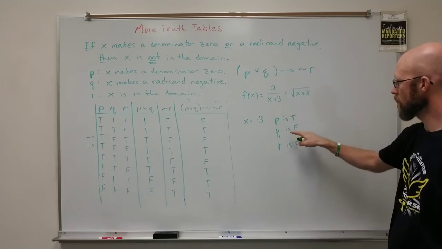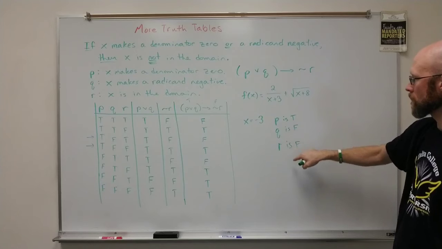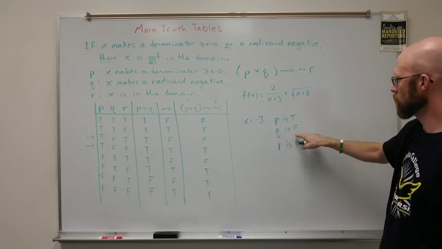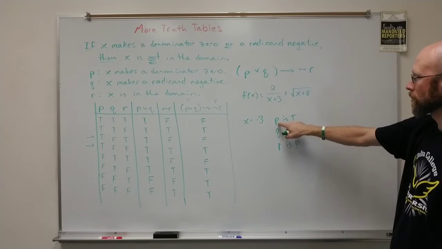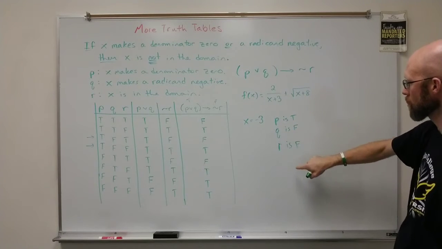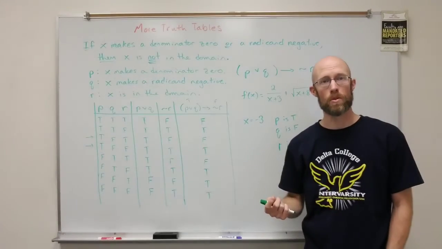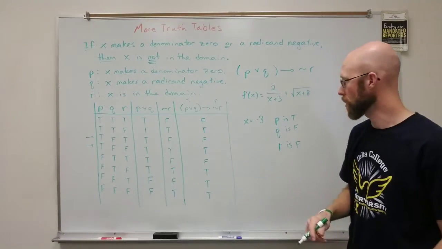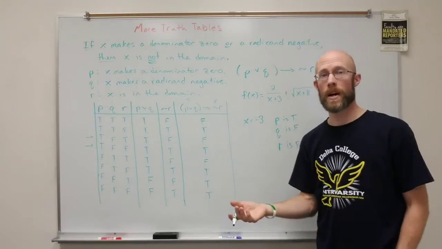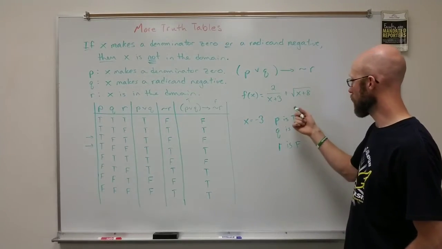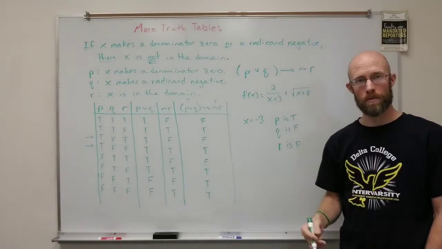So P is true, Q is false, and R is false. And that will make the statement true, which in this case it is, okay? And then I could run the same sort of thing through for any other x value. Maybe I pick -8, in which case P is false, Q is true, R would be false.